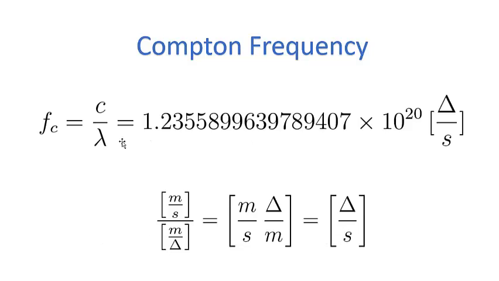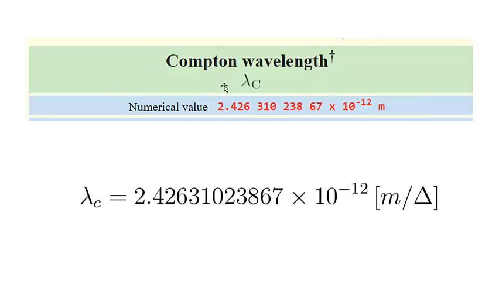Again, modified unit analysis. Oh yeah, I want to show you one thing here. So here is the Compton wavelength. And in modified unit analysis, wavelength has the units of meters per cycle. In the international standard, wavelength has the units of meter, just meter, not meters per cycle.